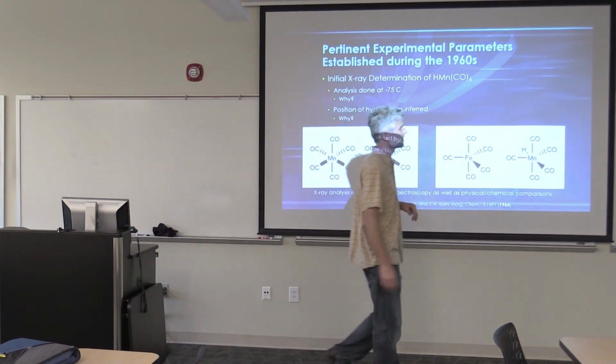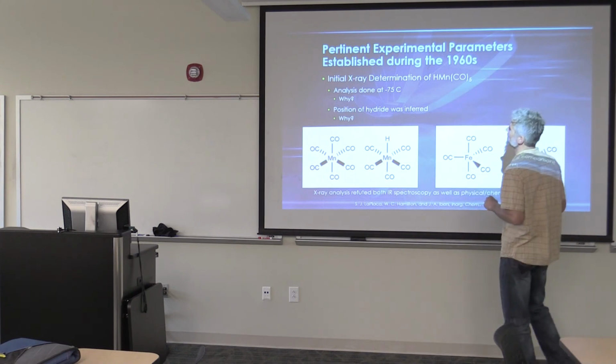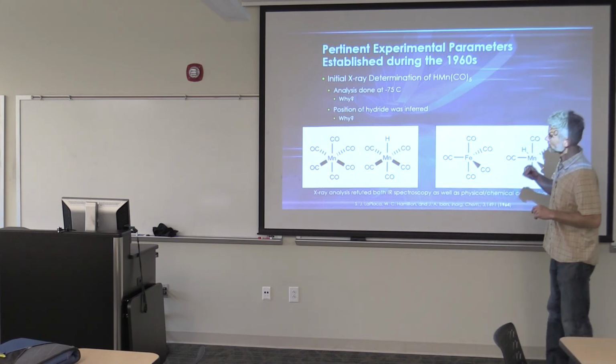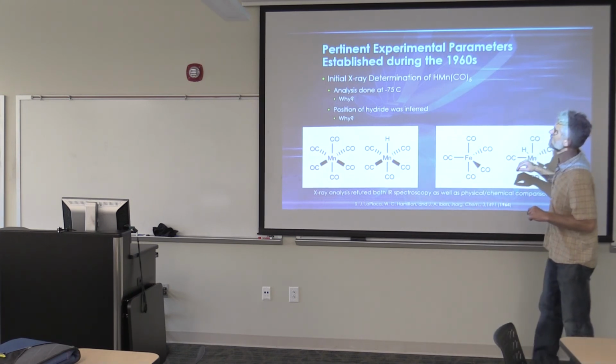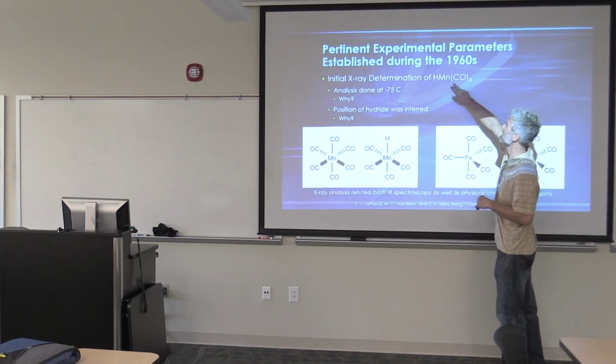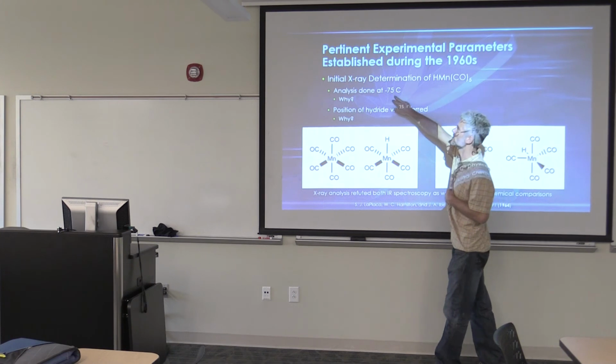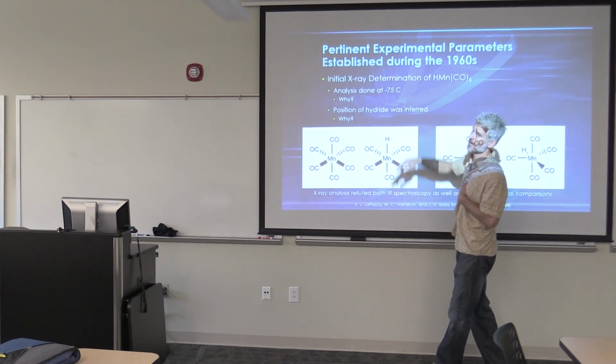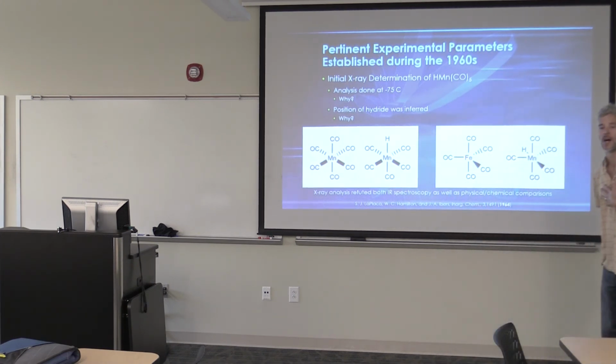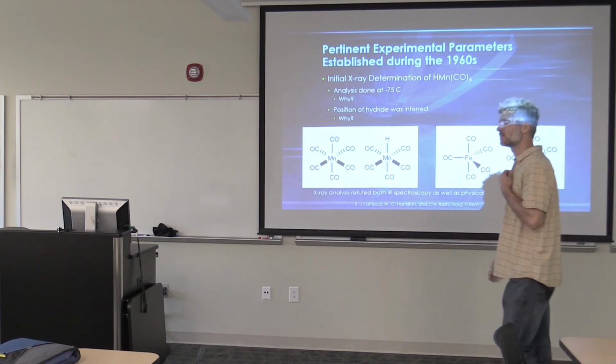So some earlier experiments, again from the 1960s: the initial X-ray determination of manganese pentacarbonyl hydride. This analysis was done at -75°C. Why do we want to do it at such a cold temperature? So they're not moving as fast.